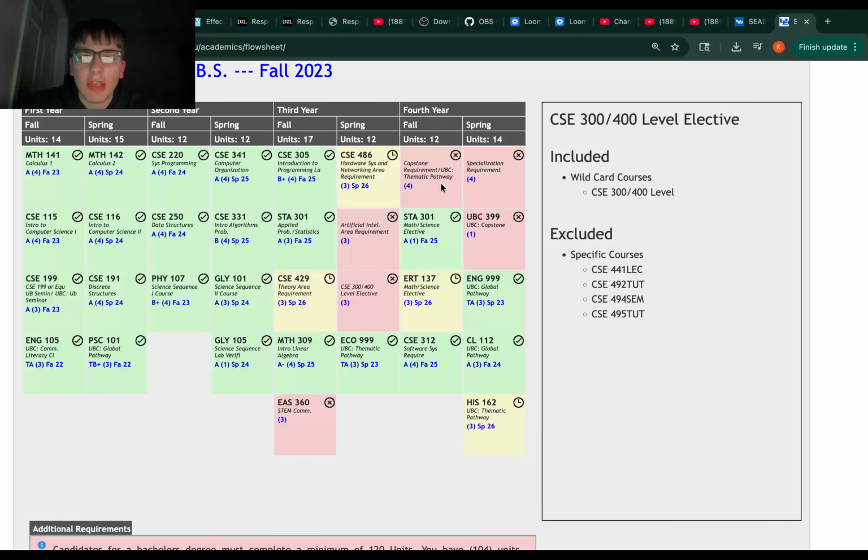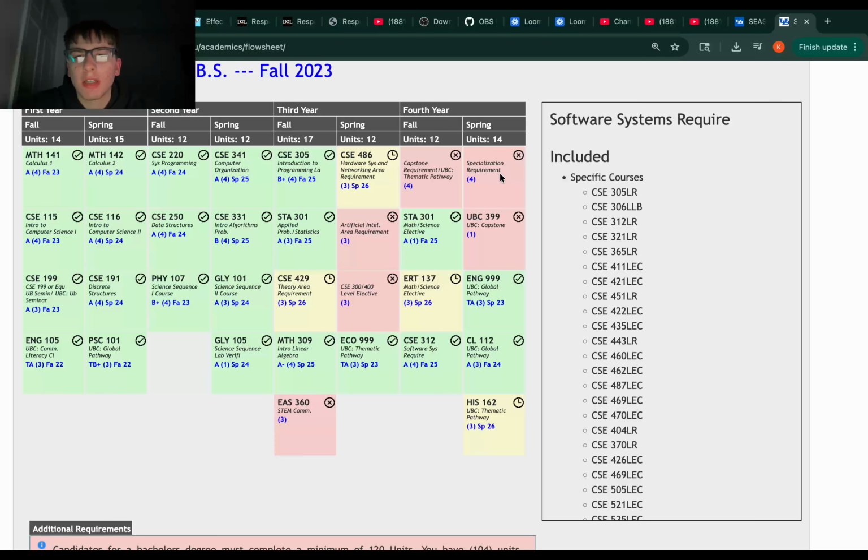And then for my specialization requirement, I think I'm going to do 460, which talks about databases. Databases, how a database works, like the insides of how a join or an insert works, and the overall aspect of that.